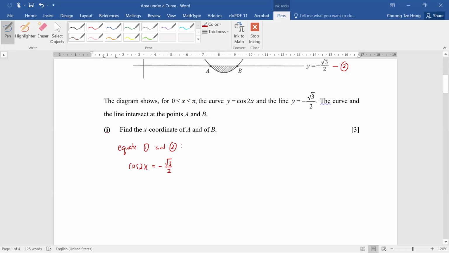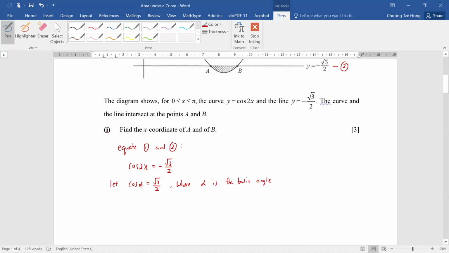What we want to do is find the basic angle, and then, since cosine is negative, it will be in the second and third quadrant. We'll find the respective angles in the second and third quadrant. So we let cosine alpha equal square root 3 over 2, where alpha is the basic angle.